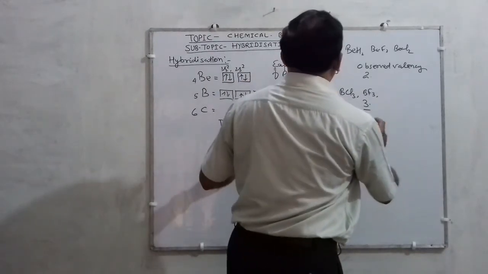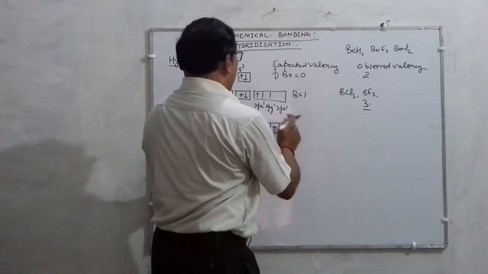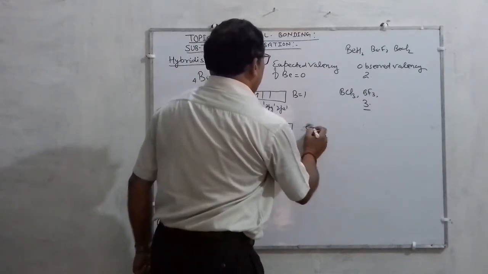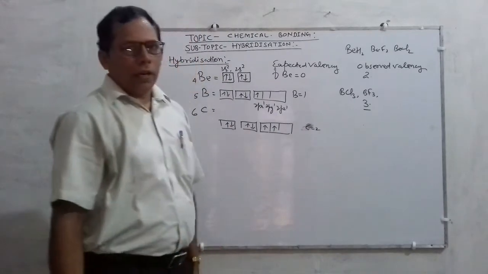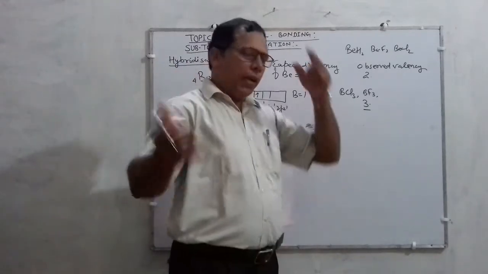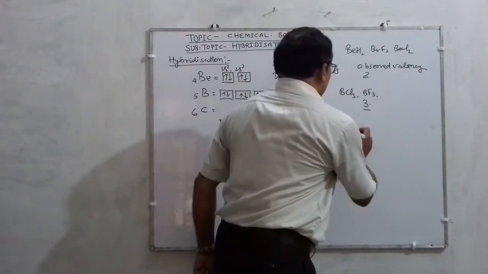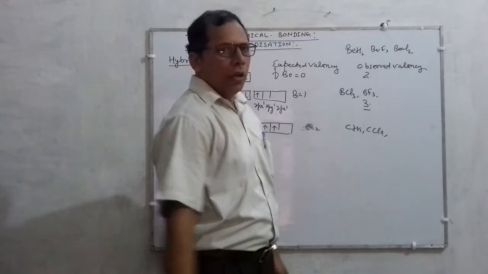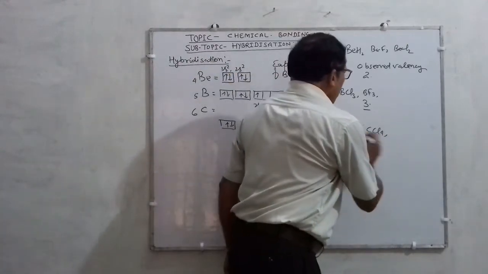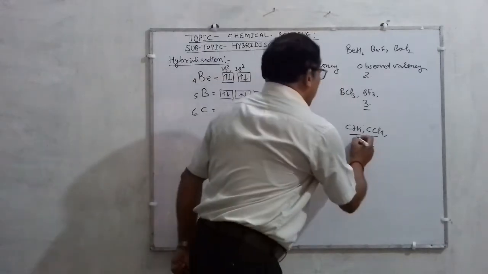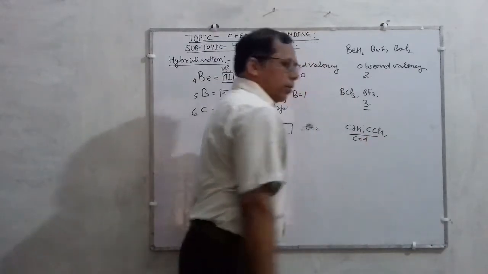According to this, the expected valency of carbon will be 2. But that is not right. We know that carbon is tetravalent and exists in compounds like CH4 and CCl4. So the observed valency of carbon is 4.